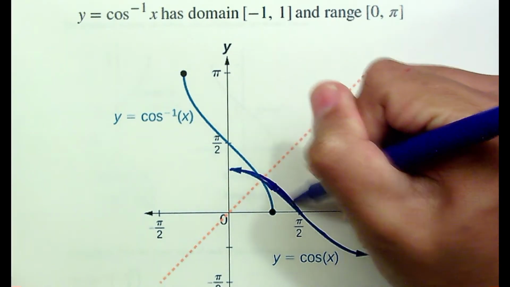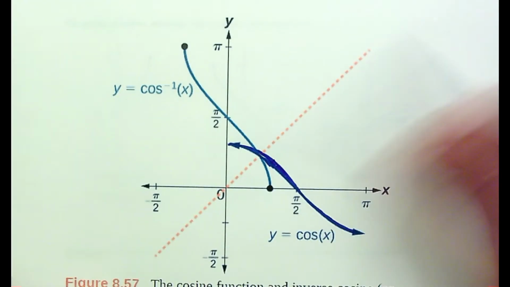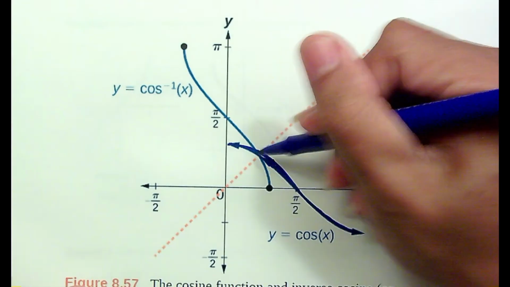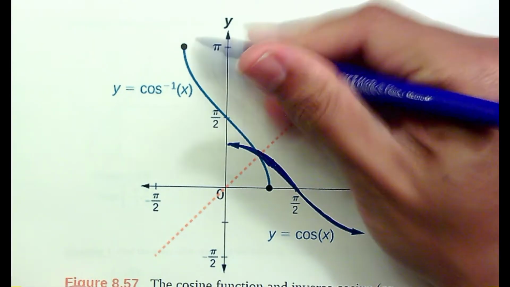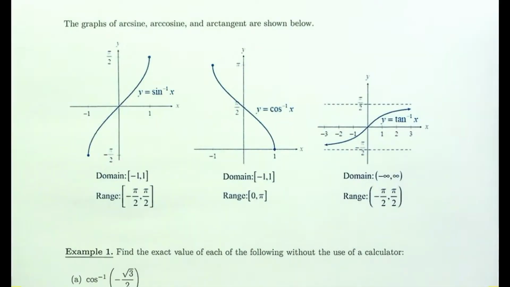Then you reflect it across the line y equals x, the orange dotted line here, and you will get that. So the graph of cosine inverse is this piece. And similarly, you will do for the graph of tangent. Draw the line y equals x and reflect across that line, and that reflection is the graph of the inverse function of tangent, so tangent inverse.